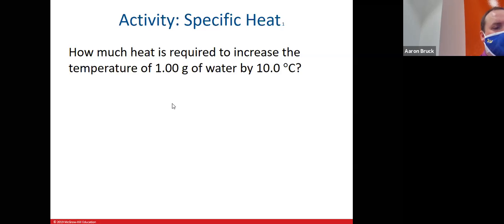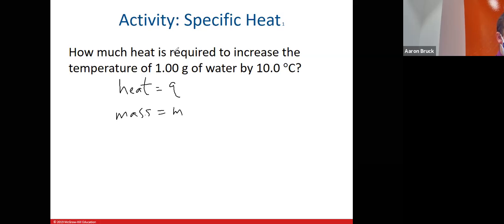There's an equation that links together the concept of heat, mass, temperature, and specific heat.